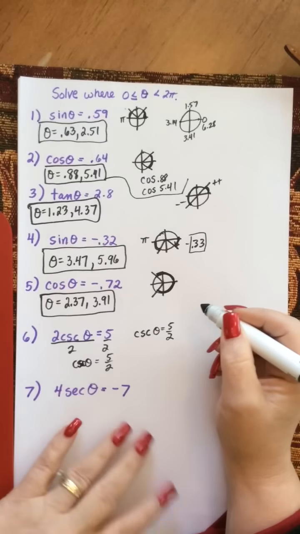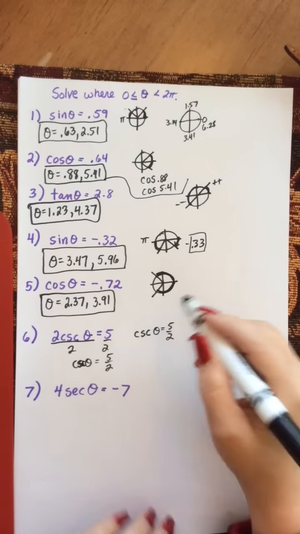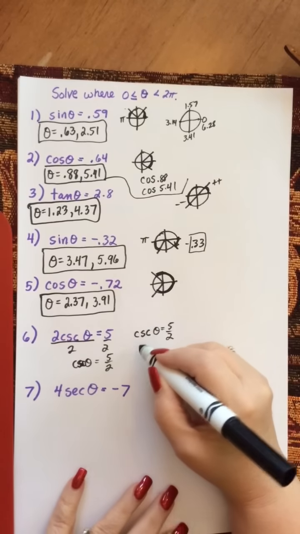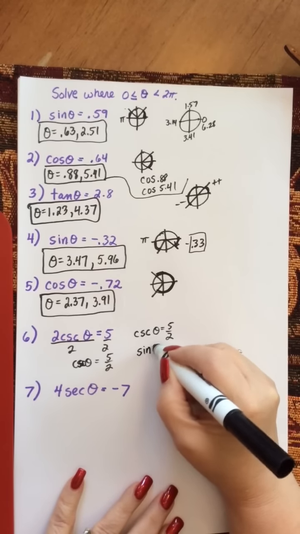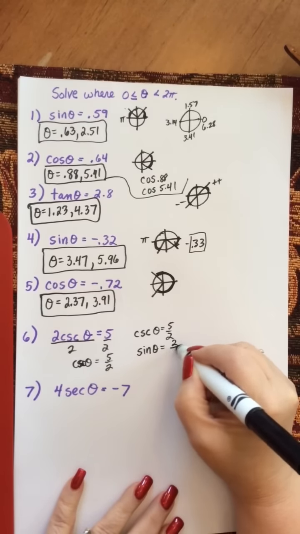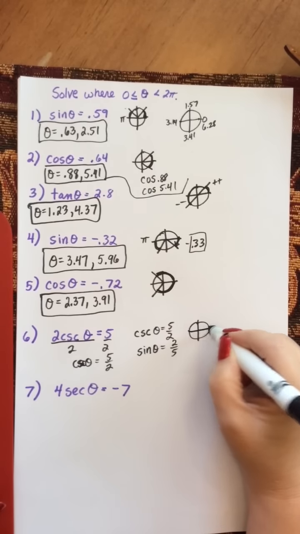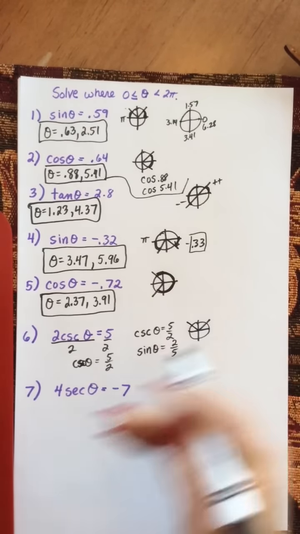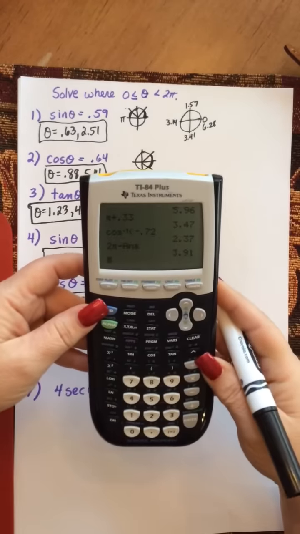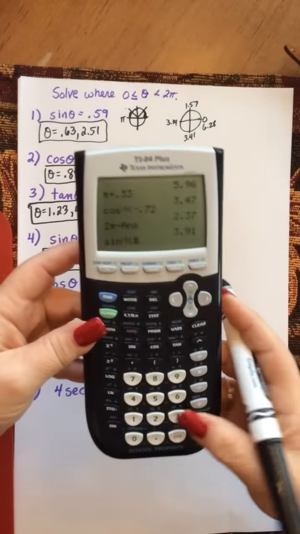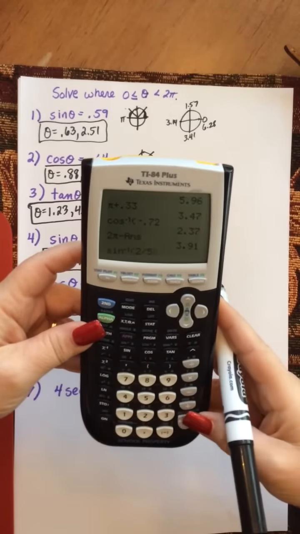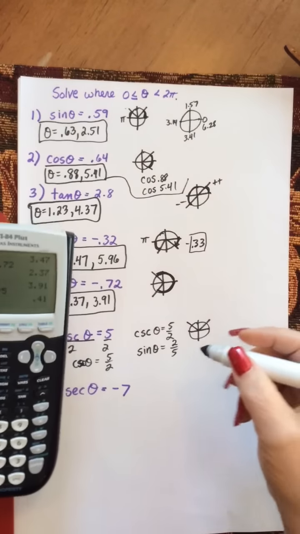The problem is I don't have a cosecant button on my calculator, but I know the reciprocal of cosecant is sine, so I could say the sine of theta is equal to 2 over 5. And sine is positive in the upper hemisphere, here and here, so I could say second sine 2 divided by 5, so I get 0.41.